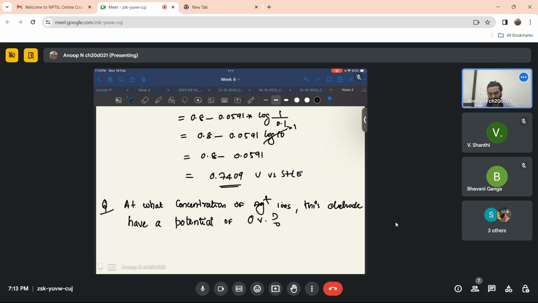What's the answer? So how will you solve? 0 voltage is given. 0 equal to 0.8 minus 0.0591 log of 1 by concentration of Ag plus. We have to find out at what Ag plus concentration the cell potential will be 0. So I can write log of 1 by concentration of Ag plus is equal to 0.8 divided by 0.0591, which is nothing but 13.536.